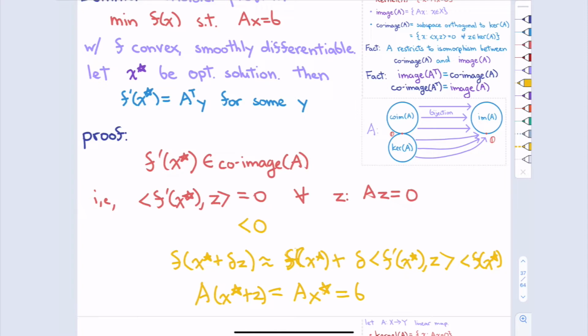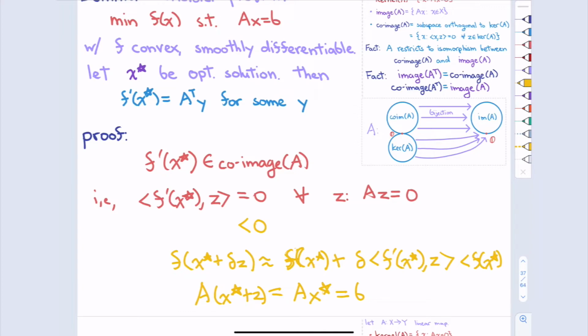Okay, so, and if it was greater than 0, then of course you would do the same thing with negative z. That will get you less than 0. Okay, all right, so if f prime of x star is in the co-image, then what do we know? Now we have to use some of those facts.